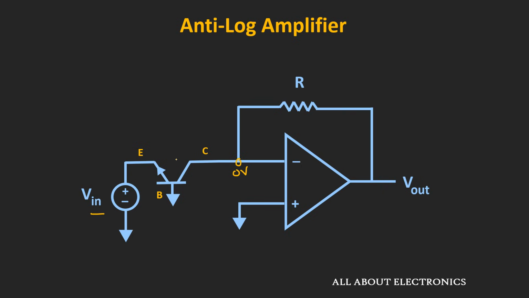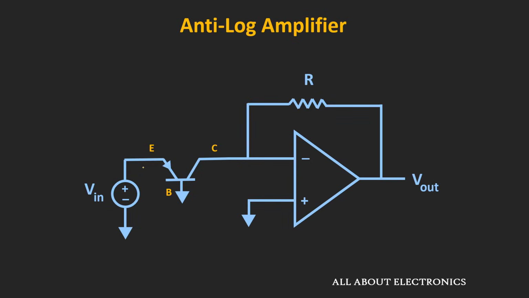So if you want to apply the positive input voltage, then instead of this NPN transistor, we should use PNP transistor. So now in this PNP transistor, if we apply the positive voltage at this node, then this emitter base junction will become forward biased, and we can use this circuit as an anti-log amplifier.